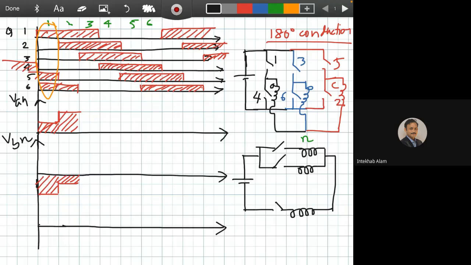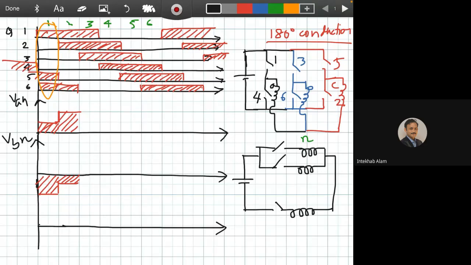Sometimes you wonder how to draw these things so quickly. 1 and 3 are from the upper bank, so 2 switches go to the upper bank, and only 2 is on in the lower bank, so 1 switch is in the lower bank. It's very common.